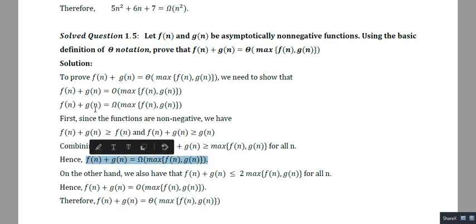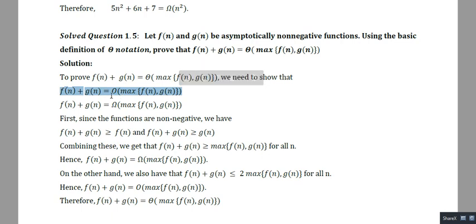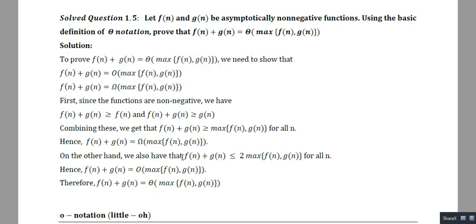So now our target is to prove this. Right. So for that we have to prove that this particular thing is less than equal to this. Right. So now we can write f(n) plus g(n) is less than equal to 2 max(f(n), g(n)). Always obvious it is, because we can always write x plus y is always less than equal to 2x if x is greater than y. Right.